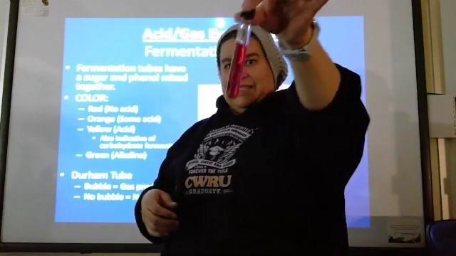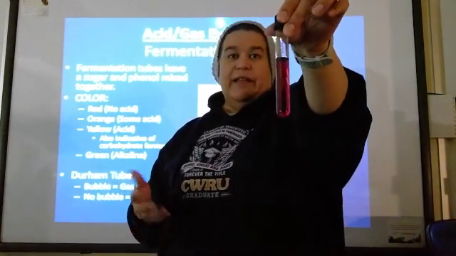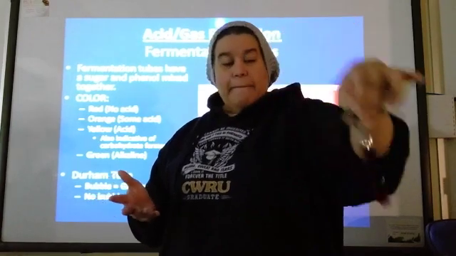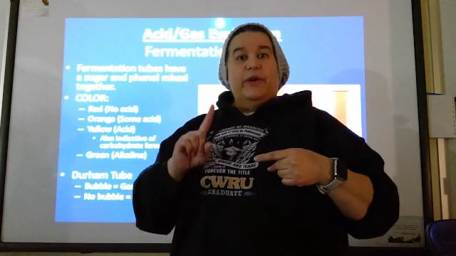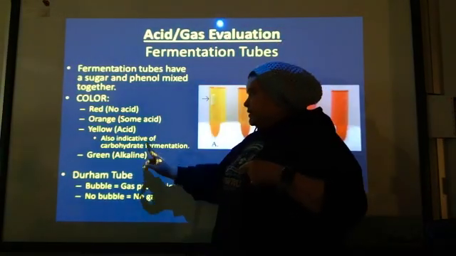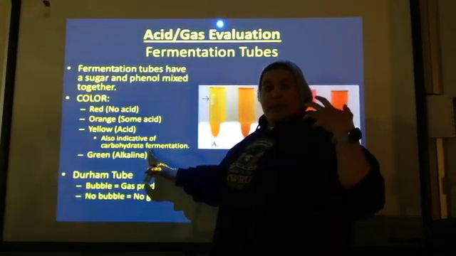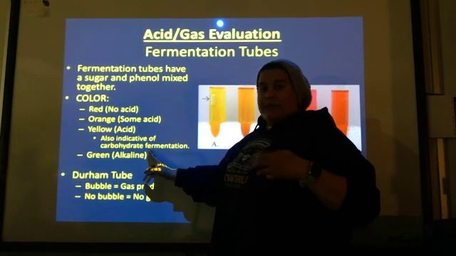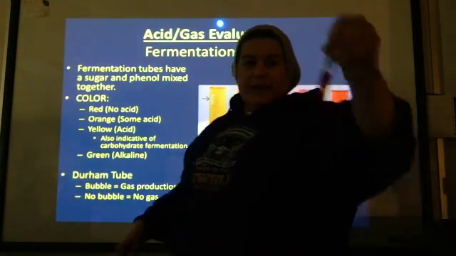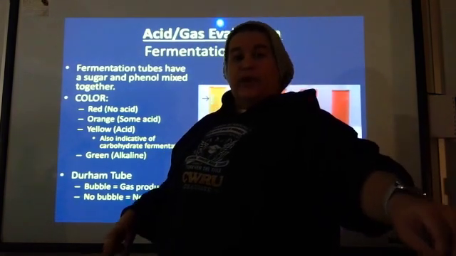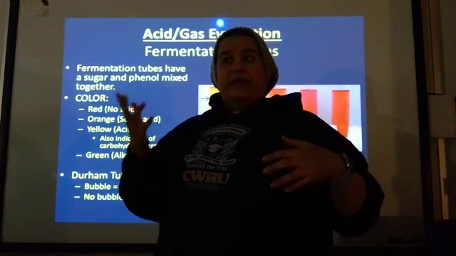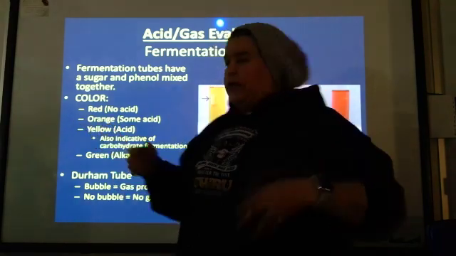It should stay exactly like this bacteria-less tube. But if it does start to ferment, one of the things that's going to happen is it's going to form acid. As it forms acid, the red pH indicator phenol red that's in this tube is going to start to lighten. As it becomes acidic, it goes yellow.